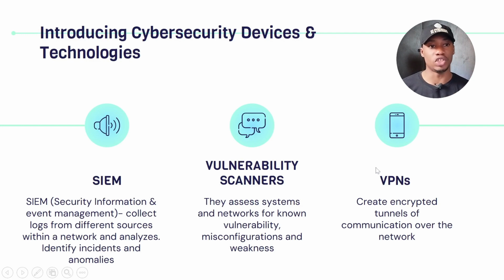So that's what the VPN is used for. It's used to encrypt tunnels of communication over the network. There are different uses of VPN, and there are different applications also of a VPN.